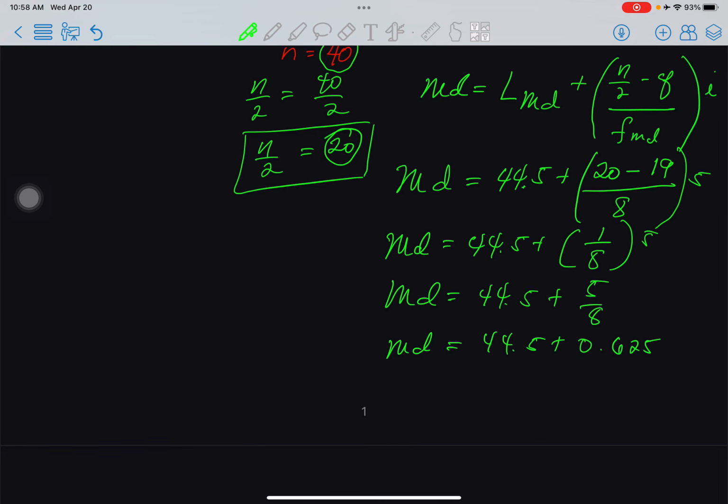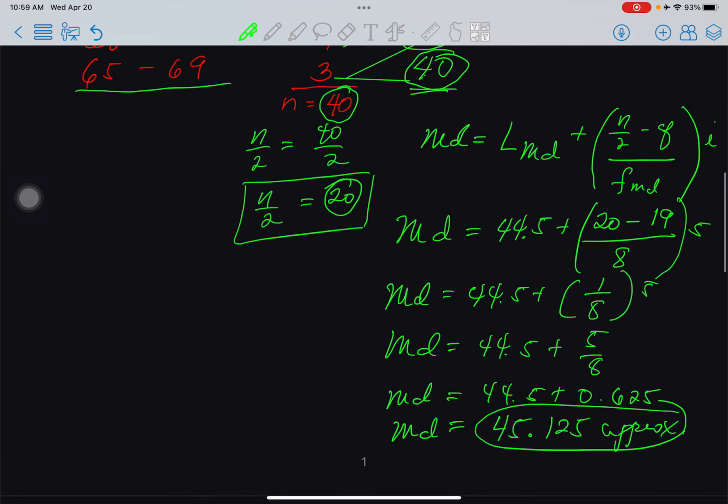So what is our answer now? Our median is equal to 0.625 plus 44.5, which equals approximately 45.125.